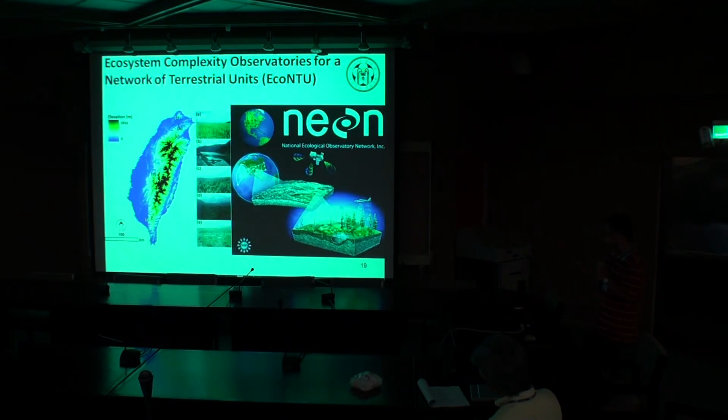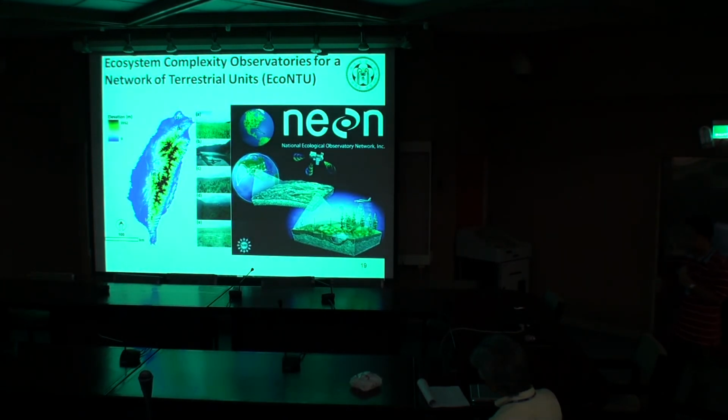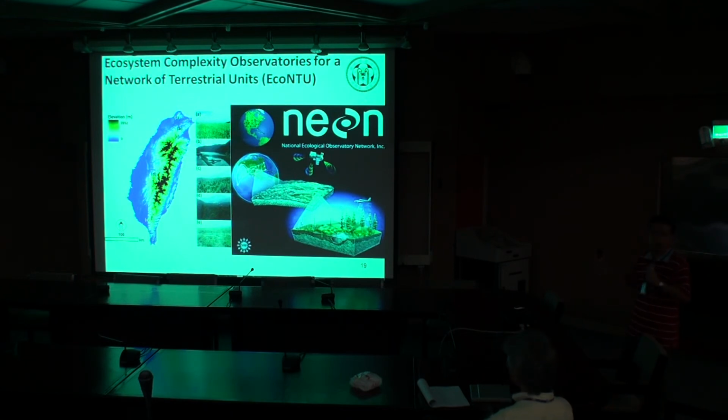And the most important thing is we are submitting a proposal to National Taiwan University. It's a five-year proposal. We try to integrate EcoIRS, the system, into something we coined Eco-NTU, ecosystem complexity observation for network of terrestrial units. It's similar to the mega projects in the United States, such as the NEON project.